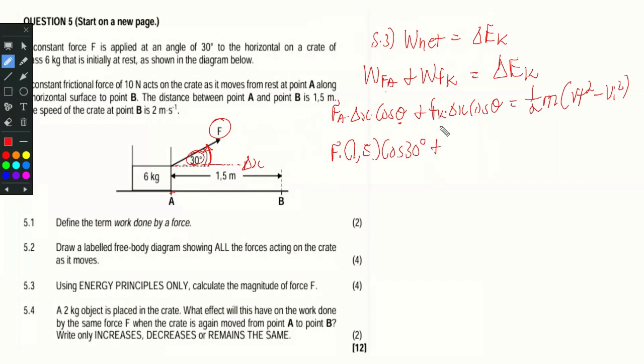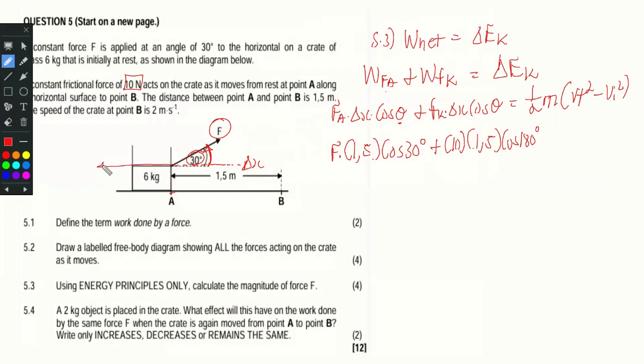Then we have our Fk, which they said is 10 newtons. So we have 10, and then here it's 1.5, and then we have cos what? Now, the 30 degrees only applies to that applied force. But for here, we still continue with our 180 degrees because as we know, Fk opposes the motion, right? It forms that angle on a straight line with the displacement.